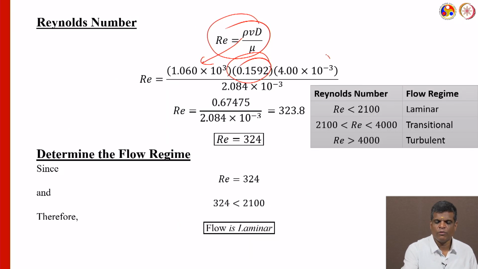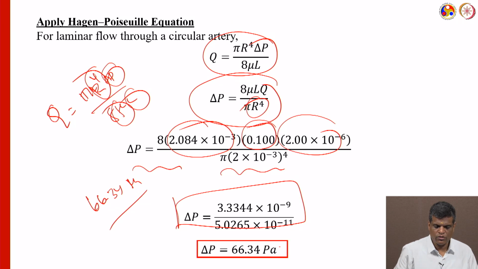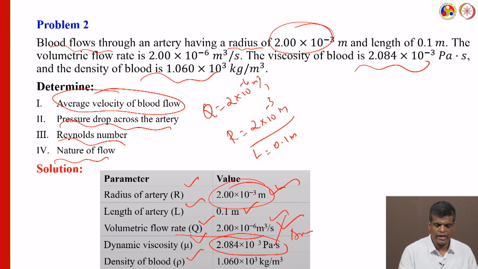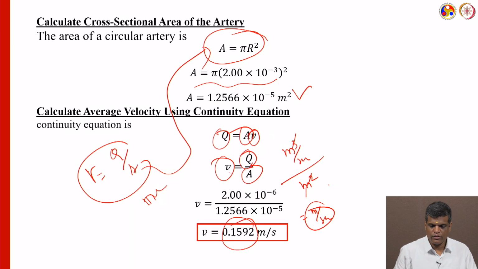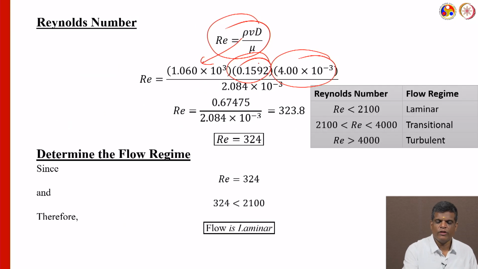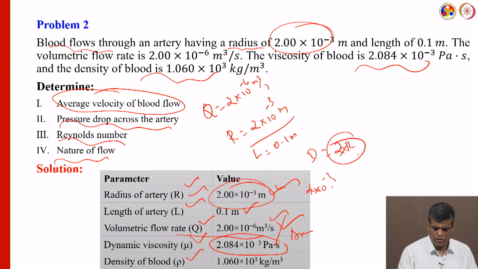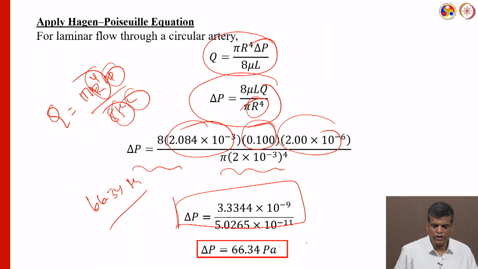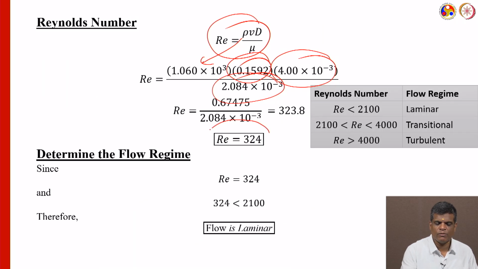The d is the diameter, d equal to 2r, so we get 4 into 10 power minus 3 meter. Then mu is the viscosity, 2.084 into 10 power minus 3. You can use all of these to get the value of the Reynolds number.